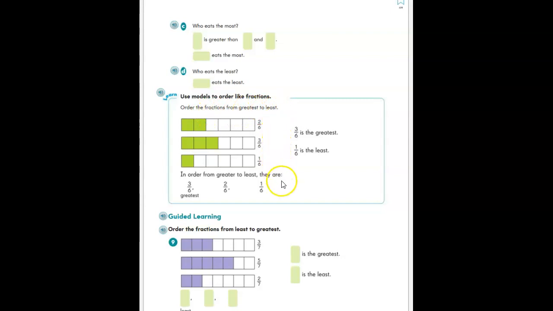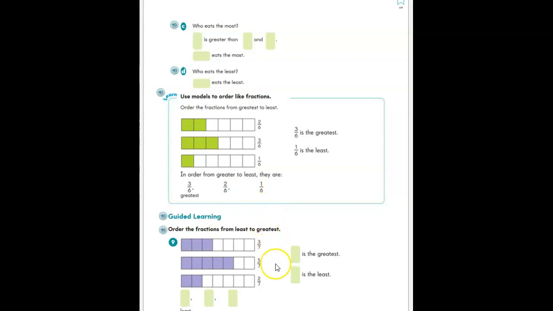We can see from the models that 3/6, or 3 out of 6, would be bigger than 2 out of 6 and 1 out of 6. So when we're ordering fractions from greatest to least, we would put the greatest one first, then a comma, the next biggest one, and then the smallest one after that.